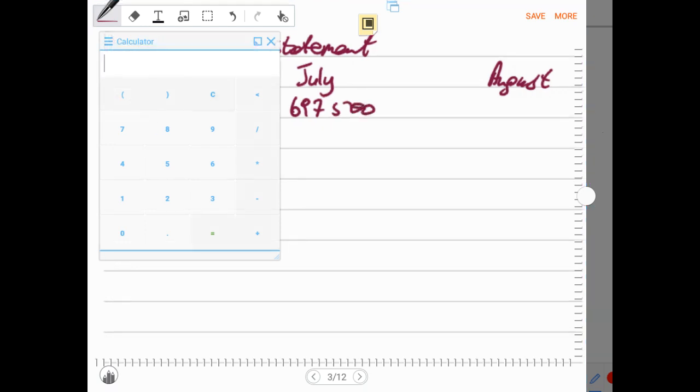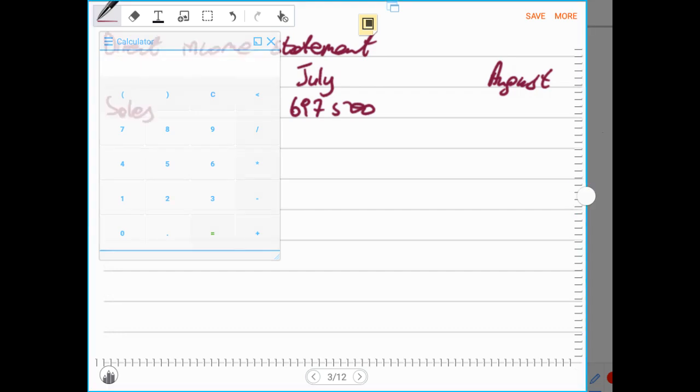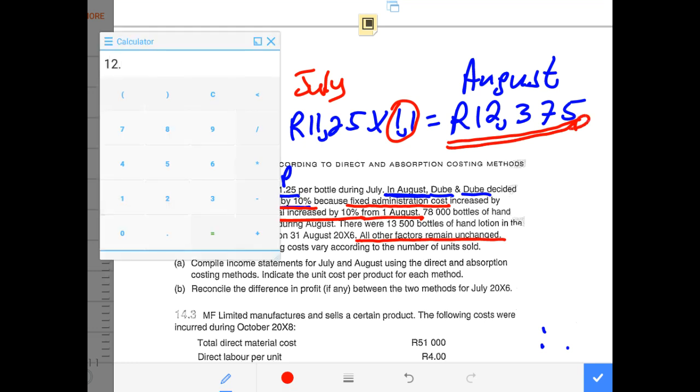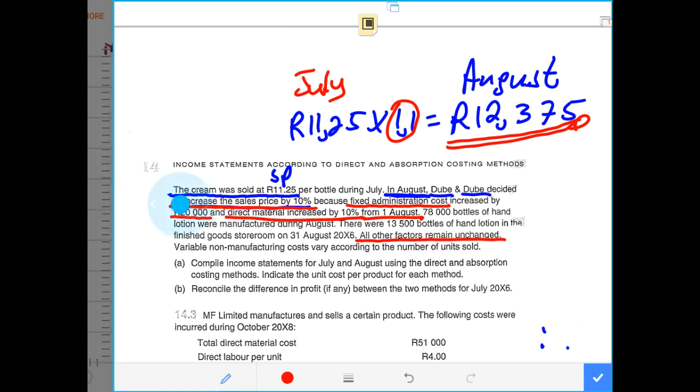697,500 rands. And remember, there was an expected increase in sales by 10%. We increased our sales by 10%, and they become 12.375. Our sales were previously 11.25 for July, and they went up by 10%. So our sales per unit became 12 rand 375, and we have to multiply that by 87,500 units that were sold in the month of August.